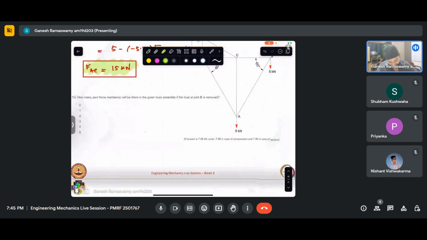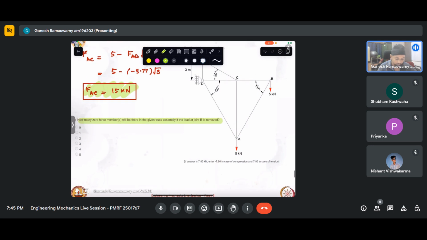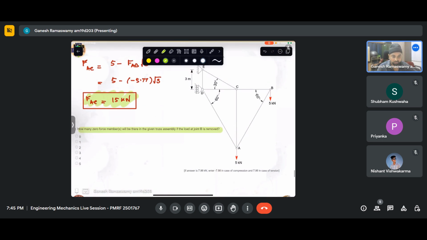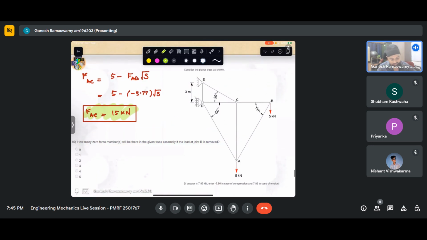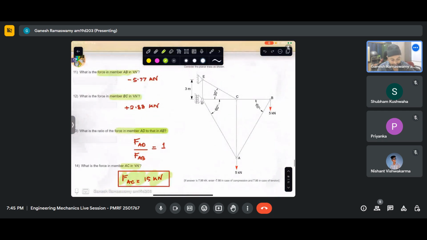Then how many zero force members will be there in the given truss if the load at joint B is removed? For this question, we must ensure that we are talking about a situation where this force is removed.